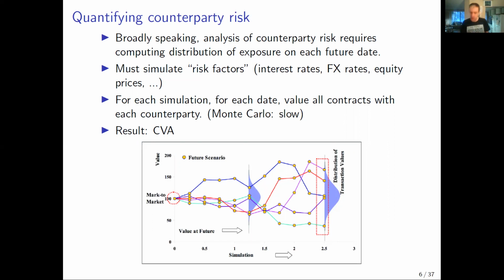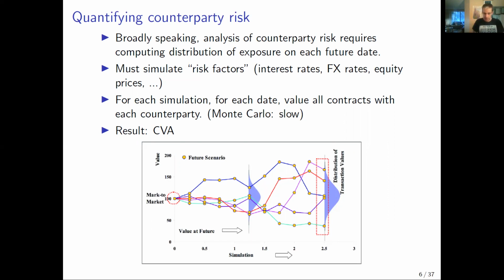So we simulate the distribution of some market variables going into the future. And then we do many of these simulations, so we have many future paths of the market, many potential paths the market can take.